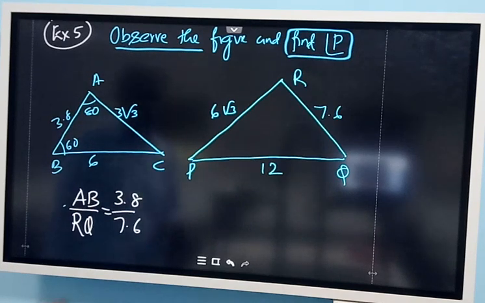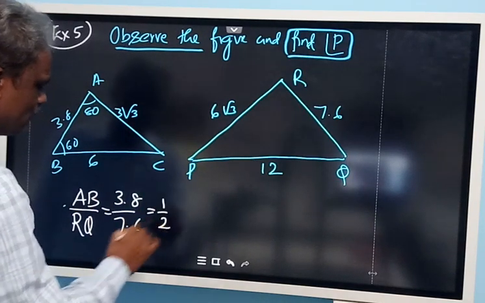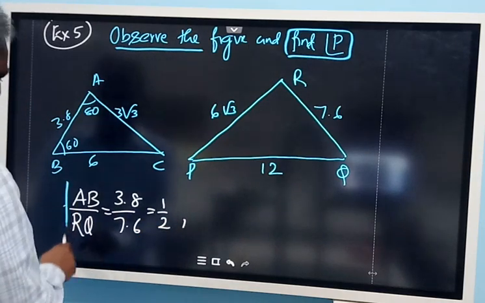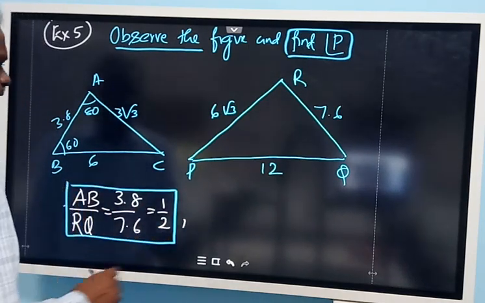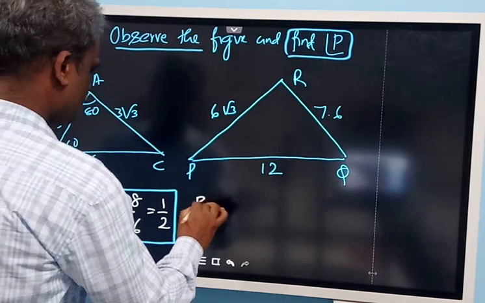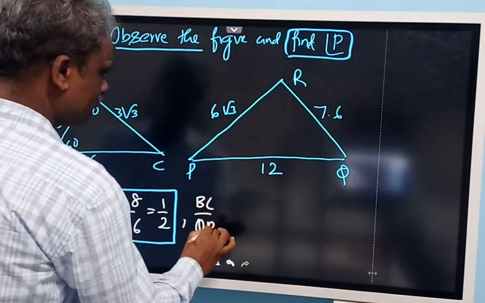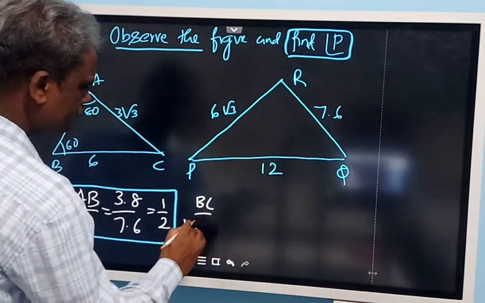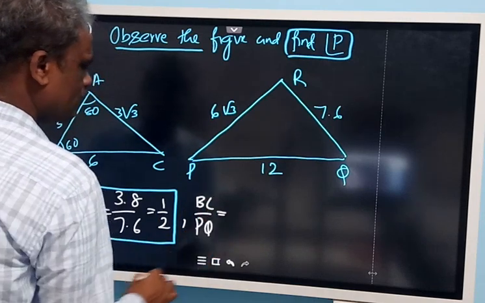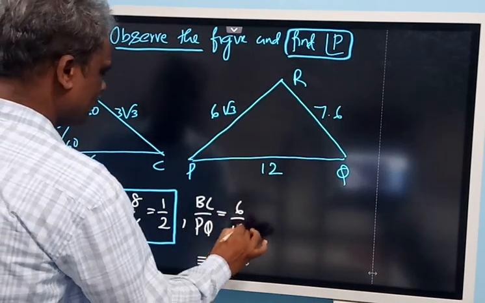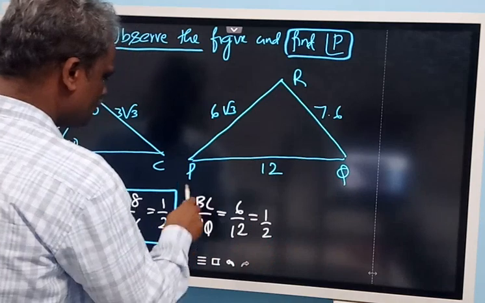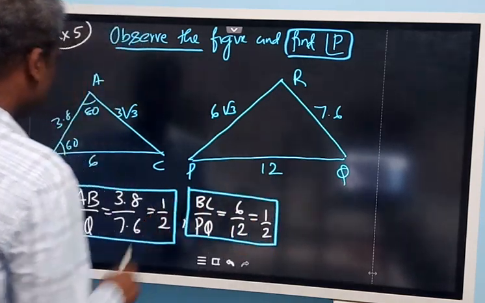So this is 1 by 2. This is the first side ratio. Then another ratio you take, BC by QR, BC by PQ. So it is also 6 by 12. Again it is 1 by 2. So you got the second ratio the same. So what is left out?